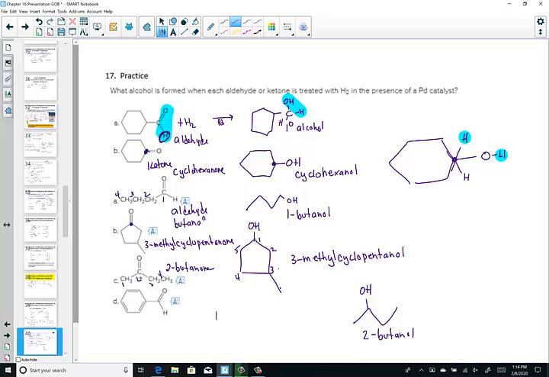You don't need the 2, you could argue, because there's no other position for a ketone to exist. And then right here is an aldehyde. The aldehyde turns into an alcohol. So I'm just going to redraw the aromatic ring, alternate my double and single bonds. The carbon now is a primary alcohol.